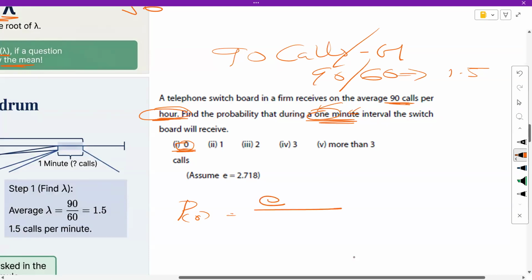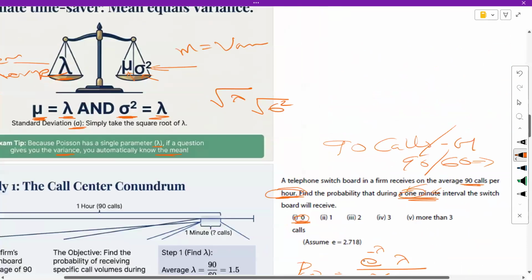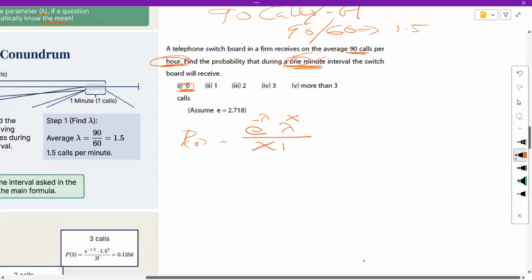So it's very simple. E to the minus lambda, lambda to the power x, divided by x factorial. In this case, E equals 2.718, lambda is 1.5, so e to the minus 1.5, into 1.5, and x equals 0, and 0 factorial.